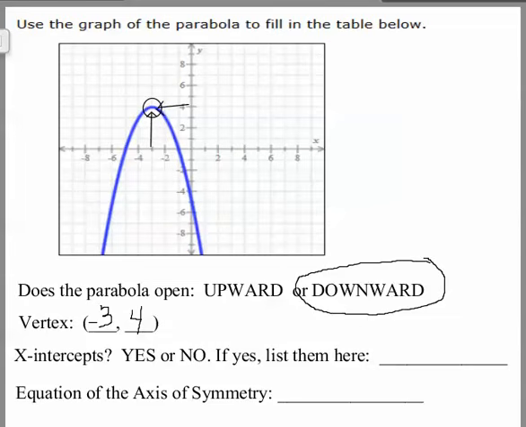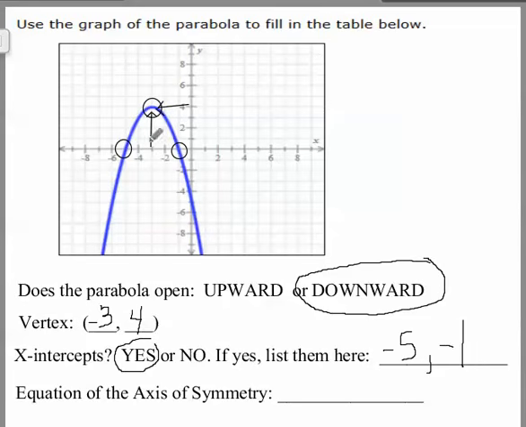They want to know if it has any x-intercepts. Again, x-intercepts is where the graph touches the x-axis. We see an x-intercept here, and we see an x-intercept here. So this first one intersects the x-axis at -5. So yes, we have x-intercepts. And it touches at -1.